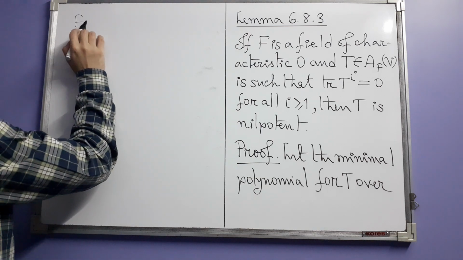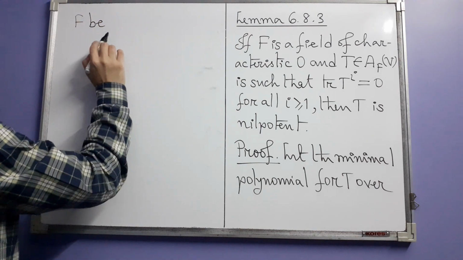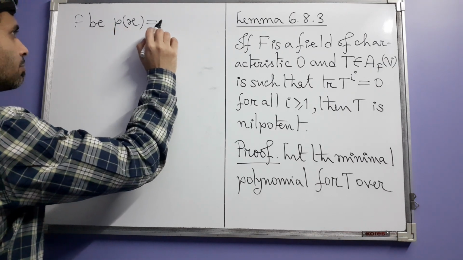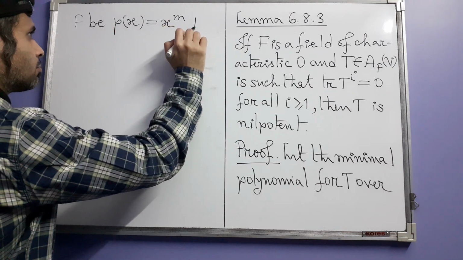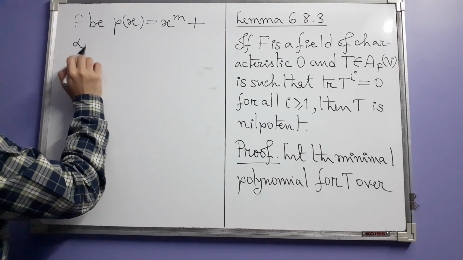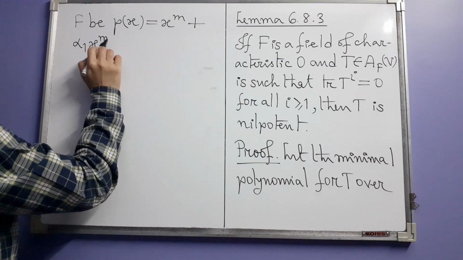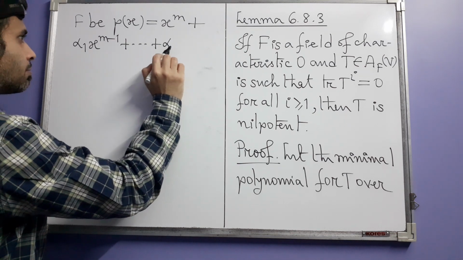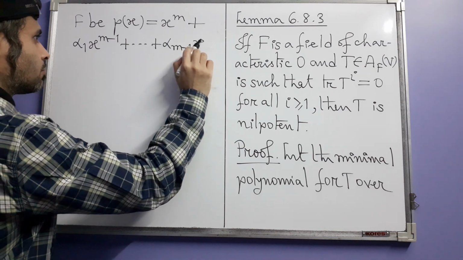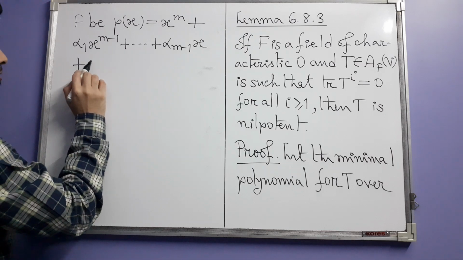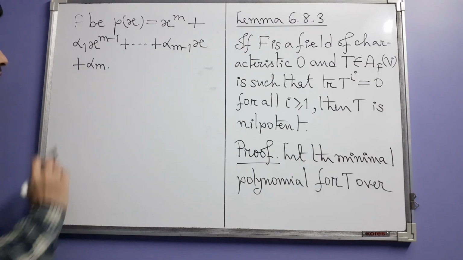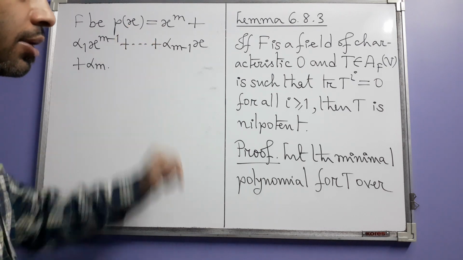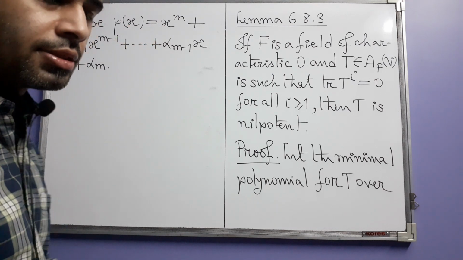Over F, let it be this polynomial x to the power m plus alpha 1 x to the power m minus 1 and so on, plus alpha m. So if you substitute T for x, it will give you the 0 operator.